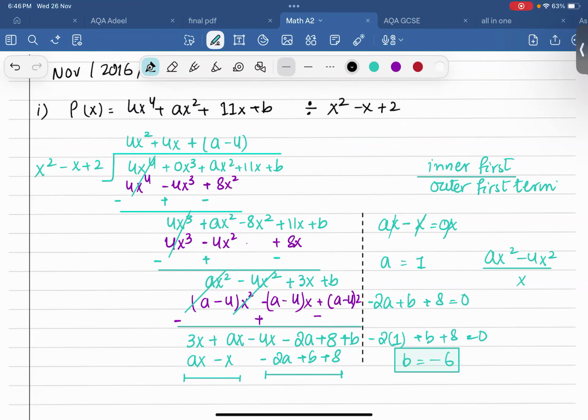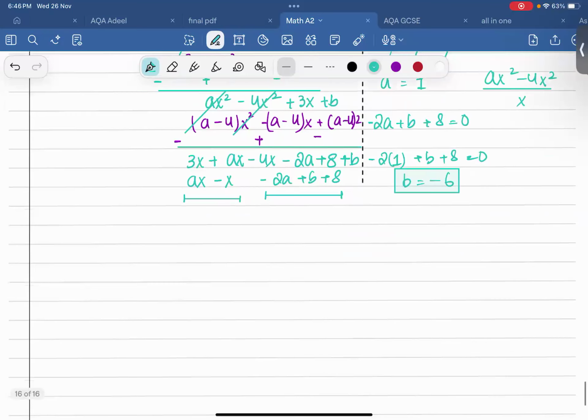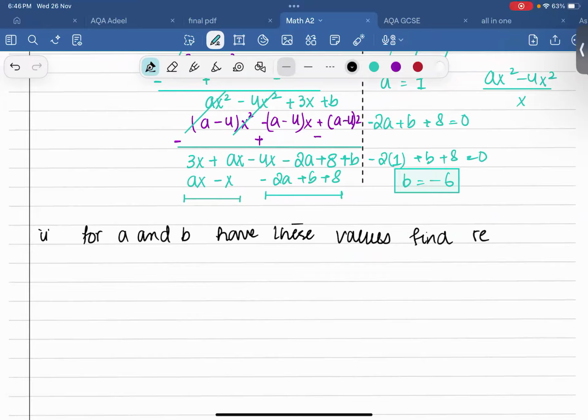For the second part, they're saying for a and b have these values, find the real root, right?